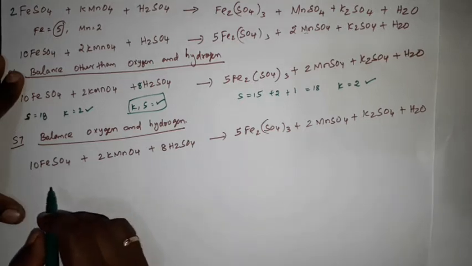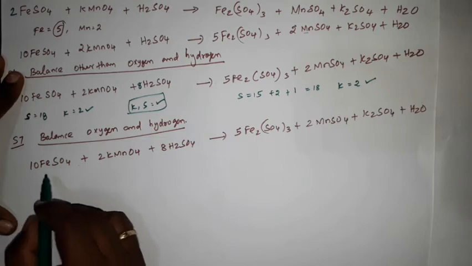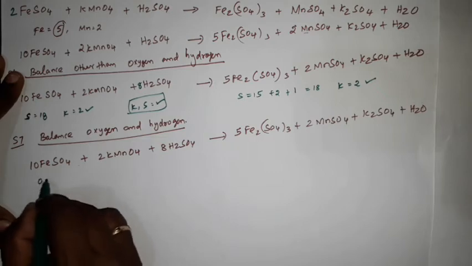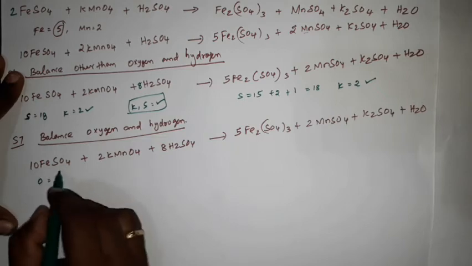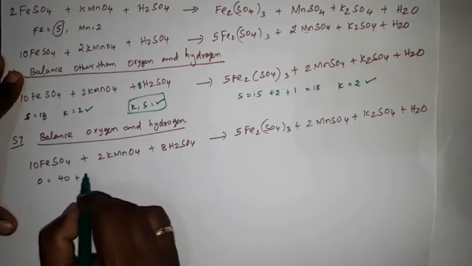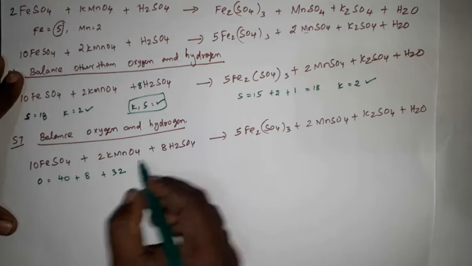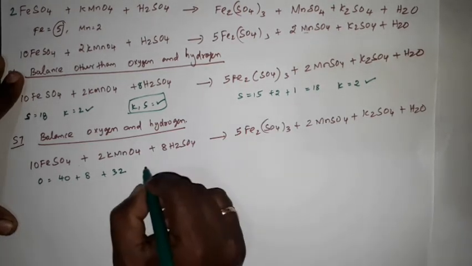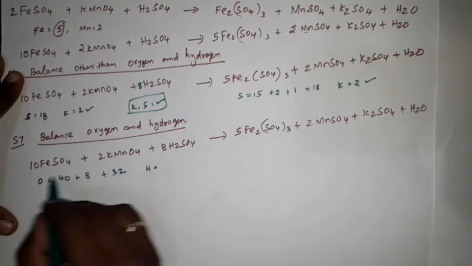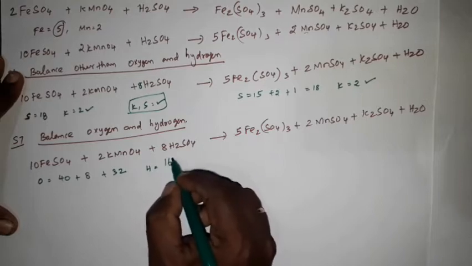oxygen and hydrogen. Okay, so oxygen, how many oxygens are here? Oxygen equal to 40 plus 8 plus 32. Then hydrogen how many? 16 hydrogen.